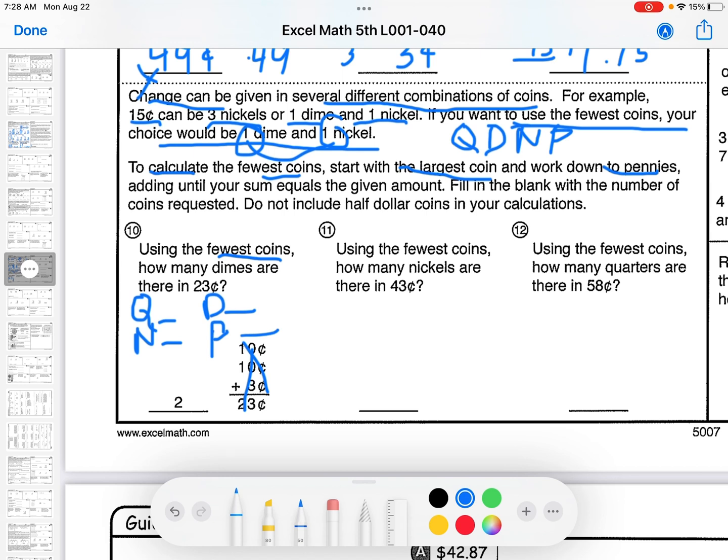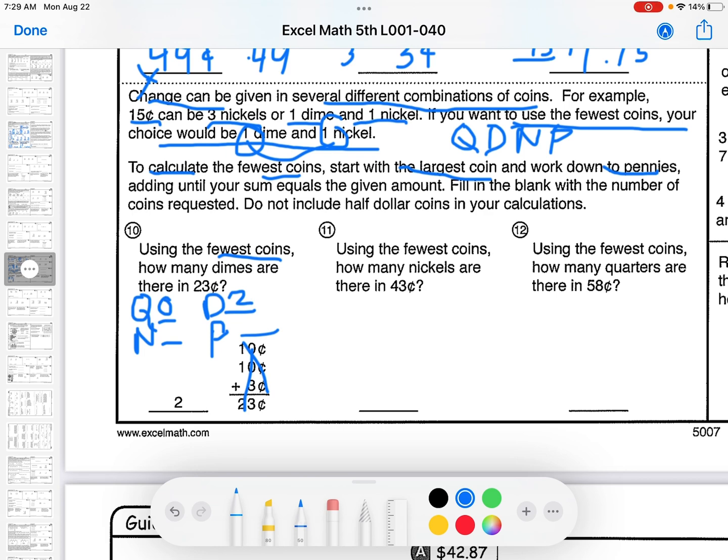So we're going to figure out what 23 cents is using the fewest coins. And we're going to start with quarters. Always start with that largest coin value. How many quarters make 23 cents? 0 quarters, right? How many dimes does it take? It would take 2 dimes, because that's 20 cents. How many nickels?